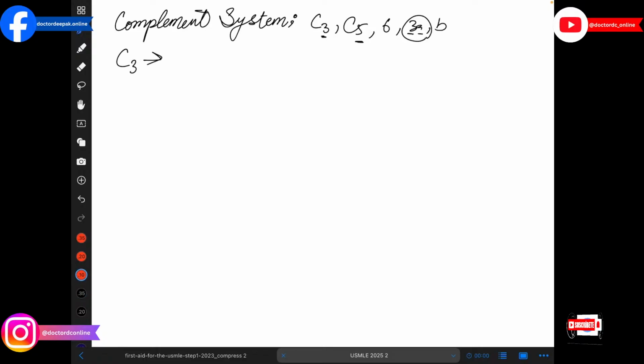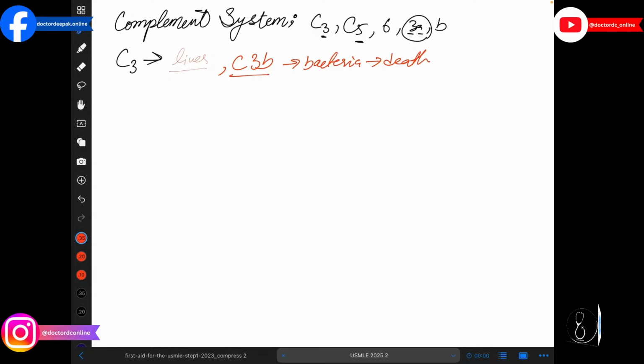C3 is the most abundant complement protein and it is synthesized by the liver. It is synthesized as the inactive form C3, which is converted into the active form called C3b. C3b binds to bacteria and causes bacterial death.